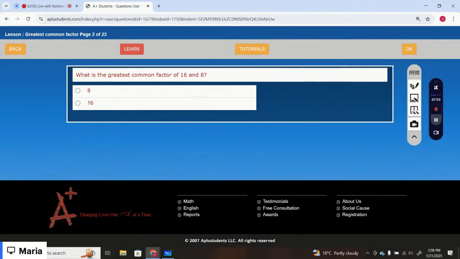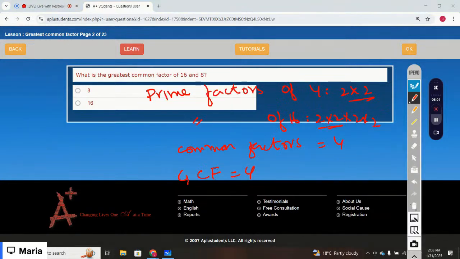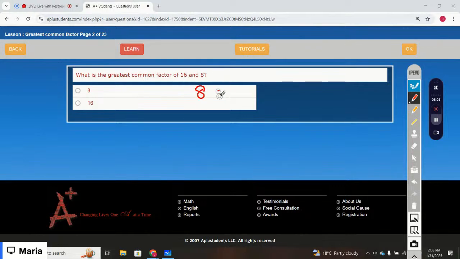What is the greatest common factor of 8 and 16? So, which is the correct option? Write down the prime factors of 8 and 16. 2 times 2 times 2 is 8, and 2 times 2 times 2 times 2 is 16. So the common factors are 2 times 2 times 2, that is 8.